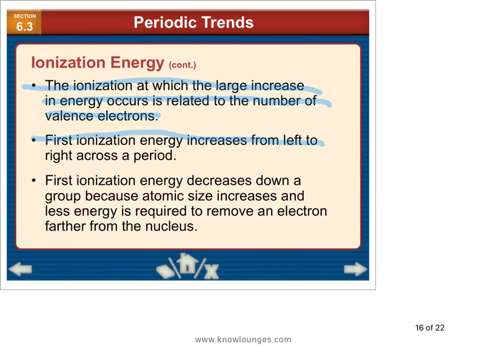Mentioned earlier, first ionization energy increases from left to right across the periodic table. First ionization energy decreases down a group because atomic size is increasing, which is moving the electron farther away from the nucleus, meaning it's going to be easier to pull it away.